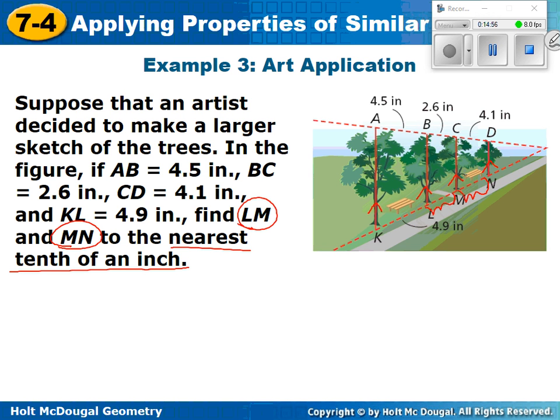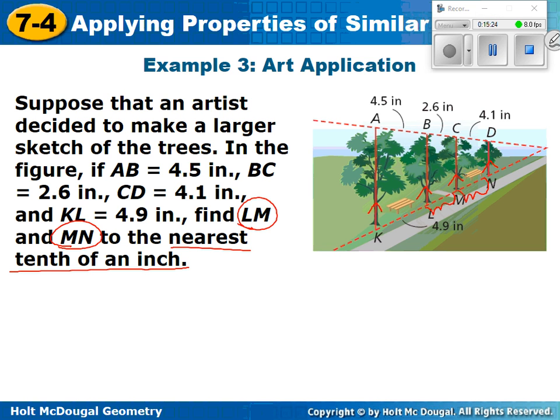What the theorem said is that your transversal is going to be split into pieces, and each of those pieces will be proportional to the corresponding pieces on the other transversal. Does that make sense? So we could say AB over BC is going to be the same as KL over LM.